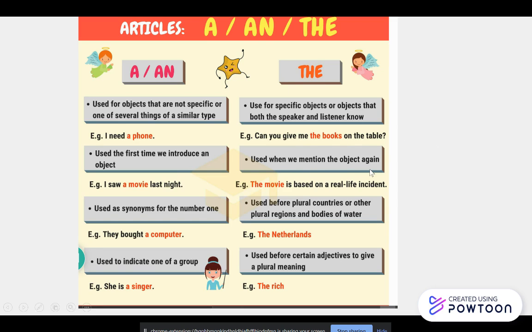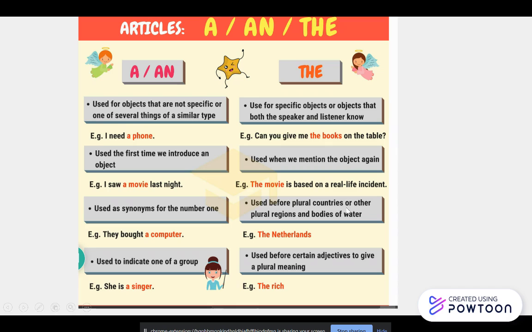Let's say you said, I saw a movie last night. The movie is based on a real life incident. You are talking about that particular movie, not about others.